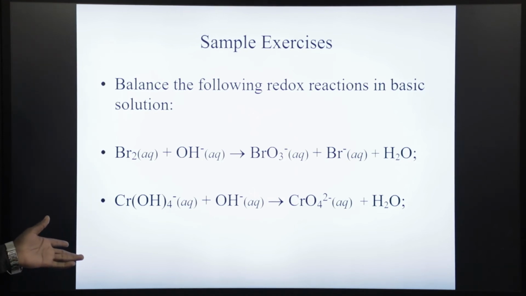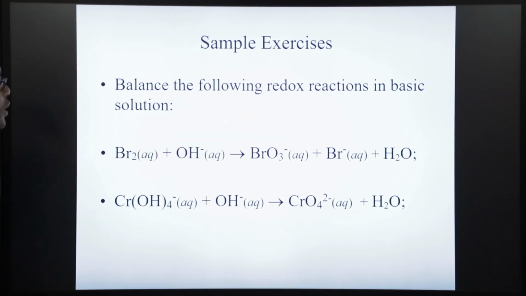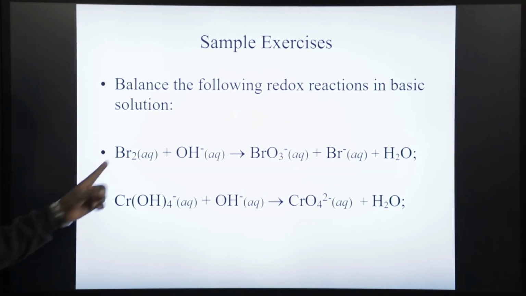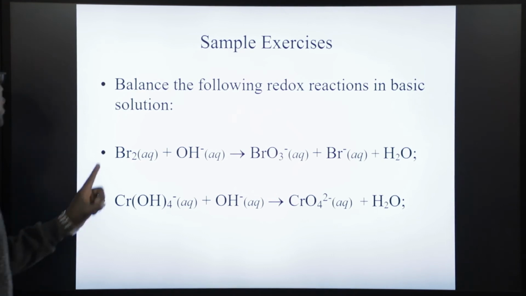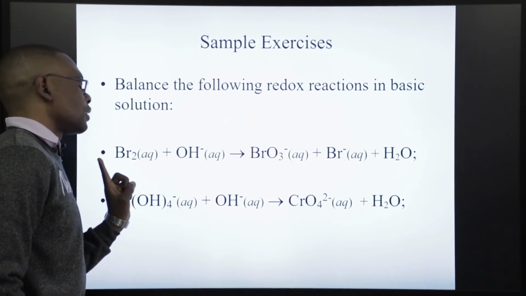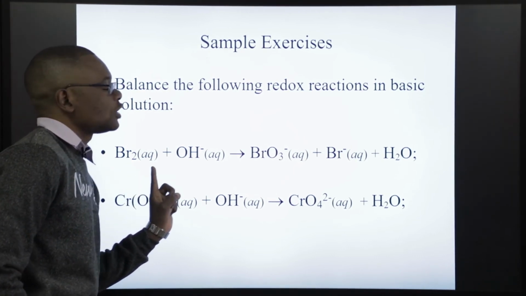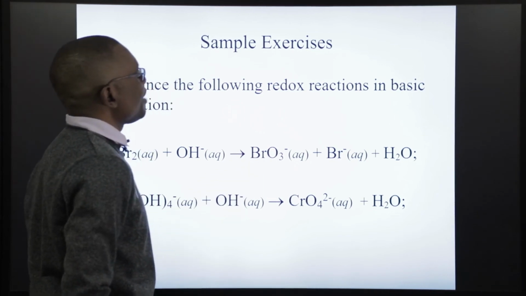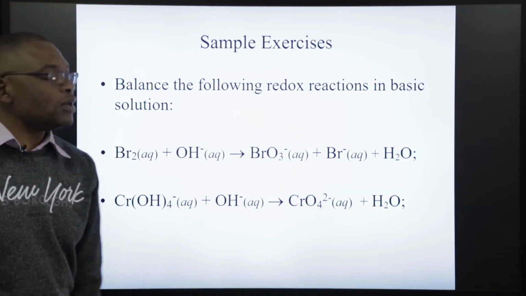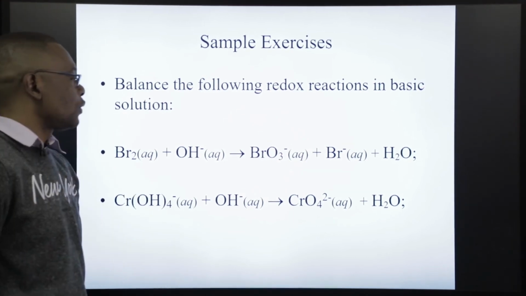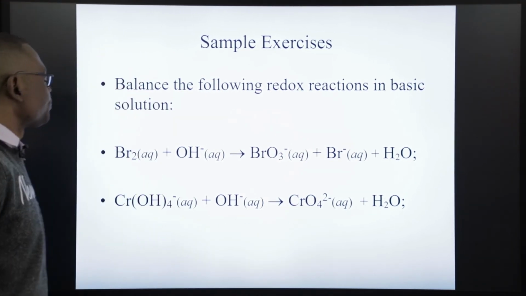So here's one example where we are saying balance the following reaction in a basic solution. We've got a bromine molecule and OH- in aqueous solution. I want you to see how things are going to change here. This bromine is changing into a bromate ion plus a bromide ion and water.